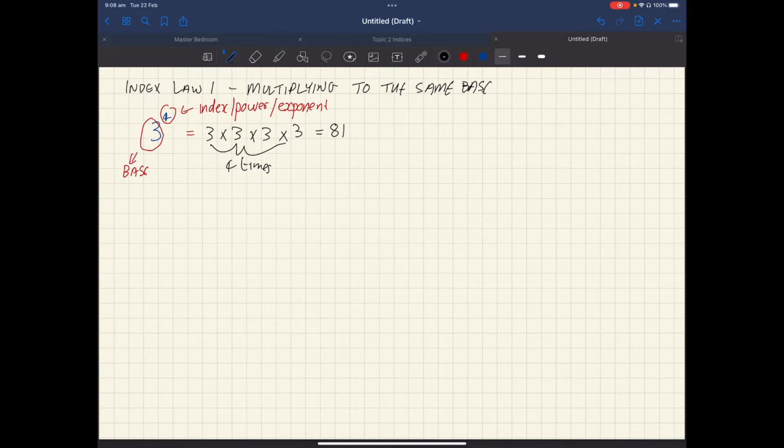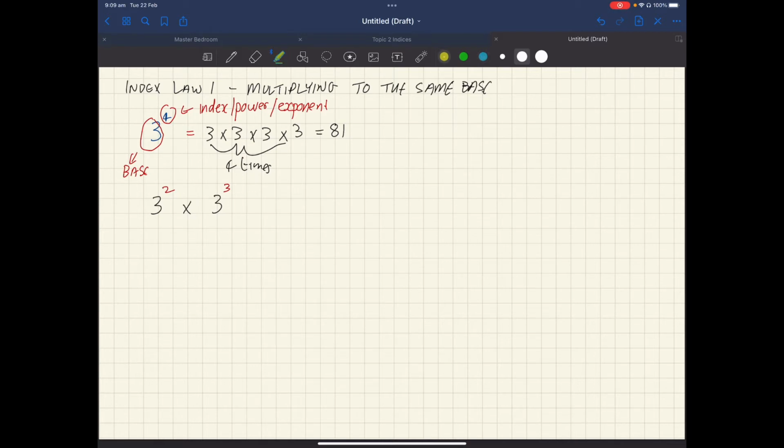So what does this index law 1, multiplying to the same base, do? Well, if we consider the question 3 to the power of 2 times 3 to the power of 3. What we have there are the same bases.